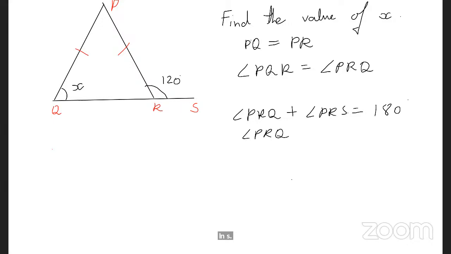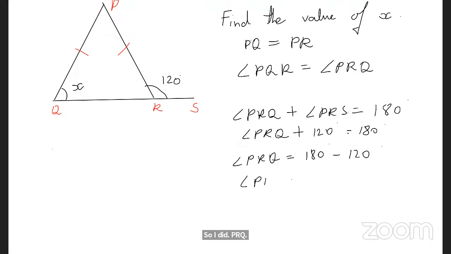PRQ plus 120 degrees equals 180 degrees. So angle PRQ will be 180 degrees minus 120 degrees. PRQ becomes how much? 60 degrees.